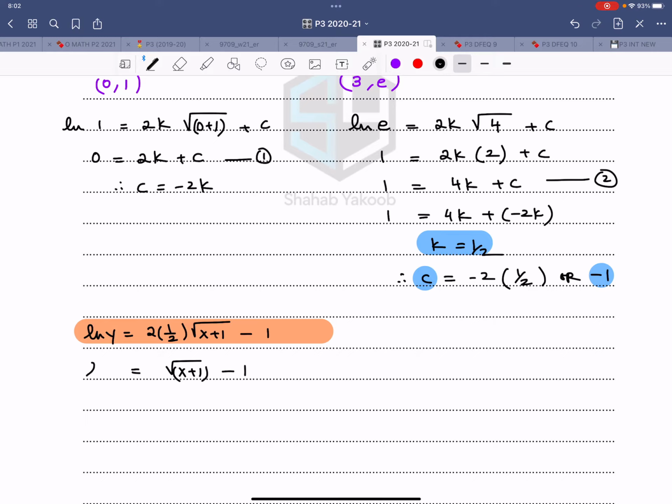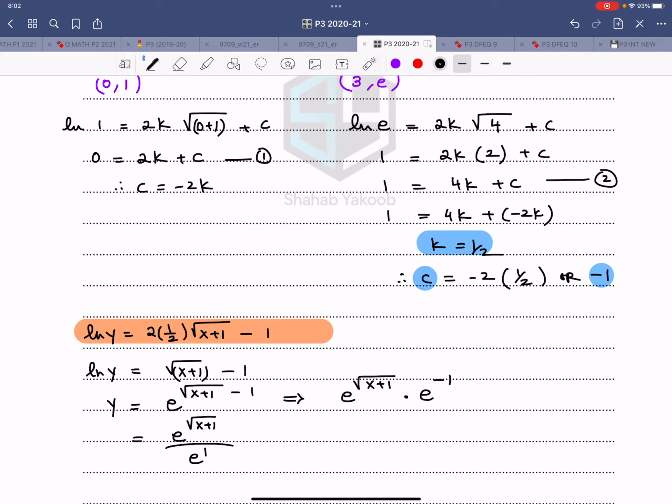So now y equals e raised to power of this whole square root x plus 1 minus 1. You can write this as e raised to power of square root x plus 1 divided by e raised to power of 1, because if I do this step further, this is e raised to power of square root x plus 1 into e raised to power of minus 1, and that led to this particular format.